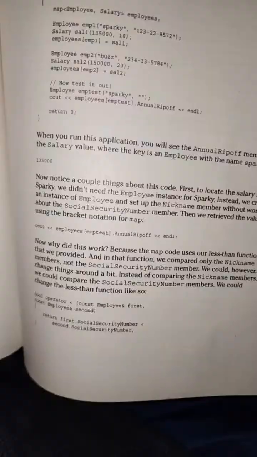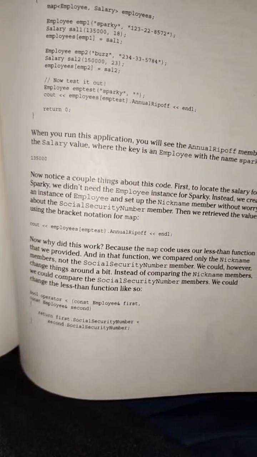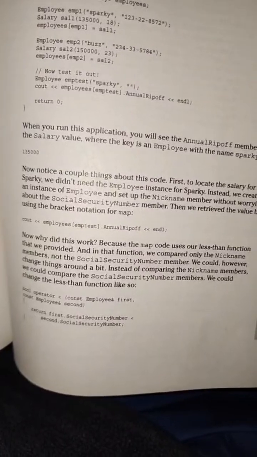Instead, we create an instance of Employee and set up the nickname member without worrying about the social security number member. Then we retrieve the value by using the bracket notation for map.